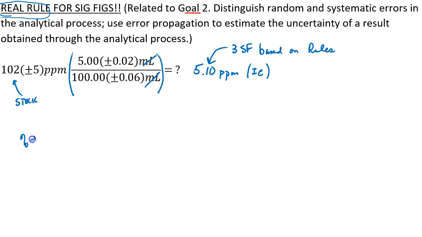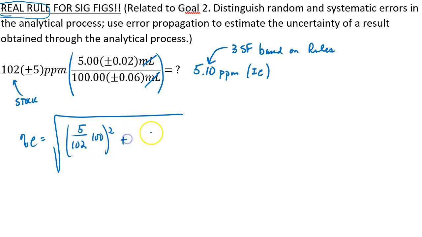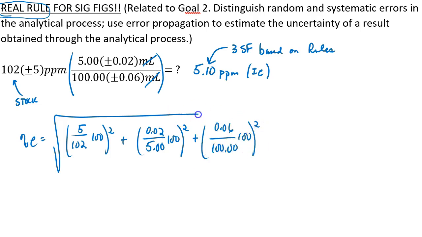So the percent relative error of our result will be the square root of 5 over 102 times 100, the quantity squared, plus 0.02 over 5.00 times 100, the quantity squared, plus 0.06 over 100.00 times 100, the quantity squared. And when I did the arithmetic, I got 4.92, and that 9 and 2 are insignificant, percent.